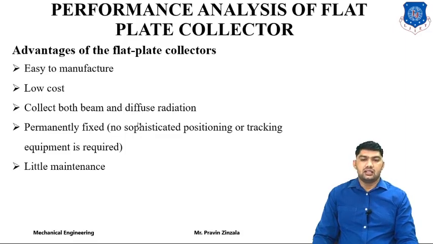It is permanently fixed, so we do not require any tracking mechanism. It needs little maintenance compared to the tracking type collector, because the flat plate collector is generally utilized as a simple or fixed type, so we do not require the tracking mechanism or power for tracking.